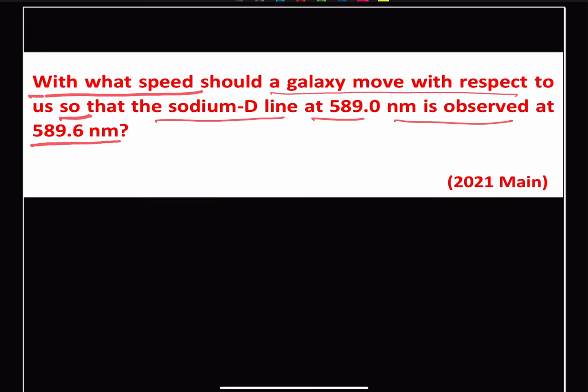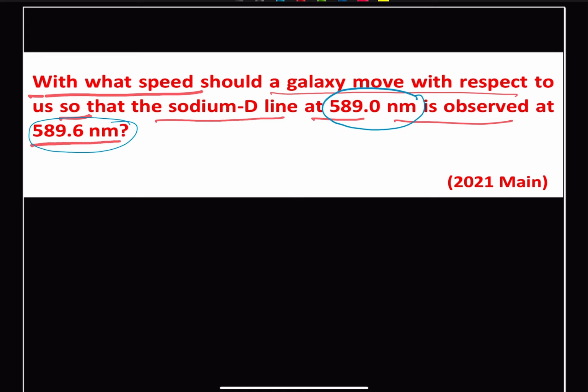So we can use the formula for the Doppler shift, because this is our actual wavelength and this is our observed wavelength. And we know the relationship between the frequency as well as the, okay, we need to find out speed.